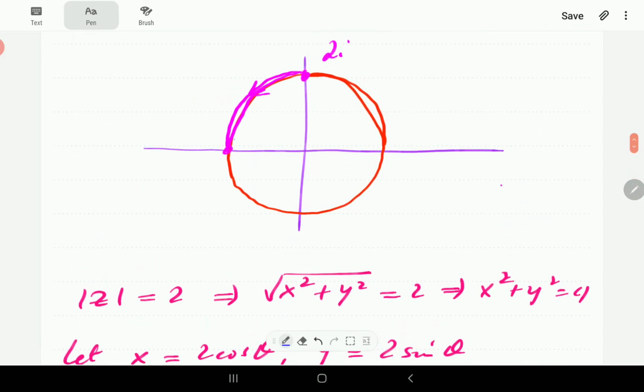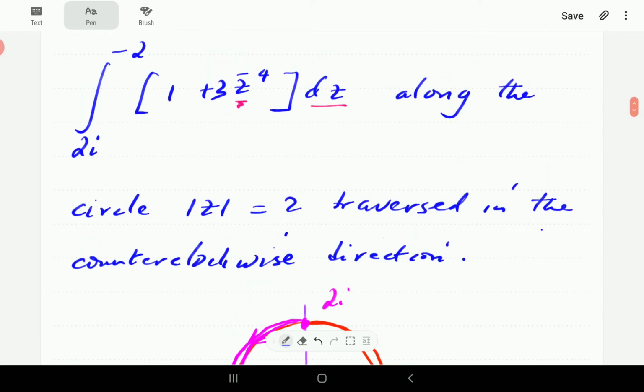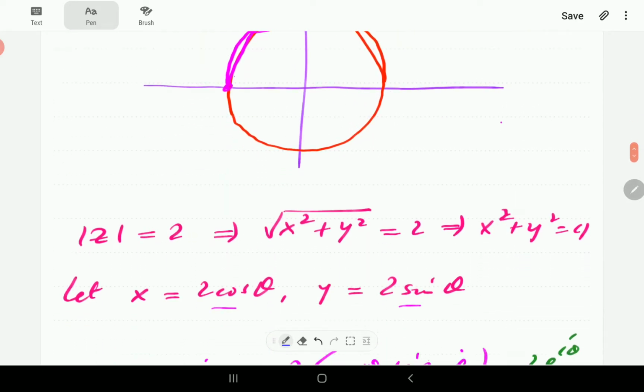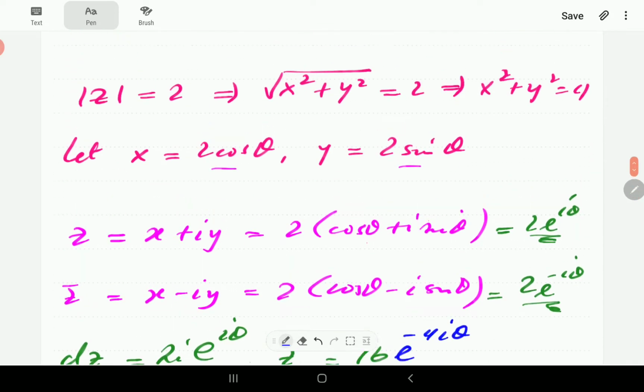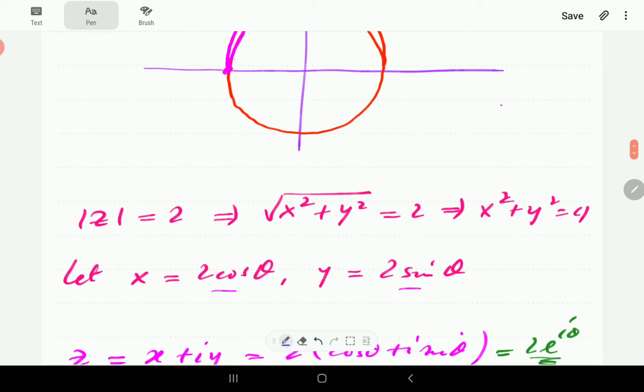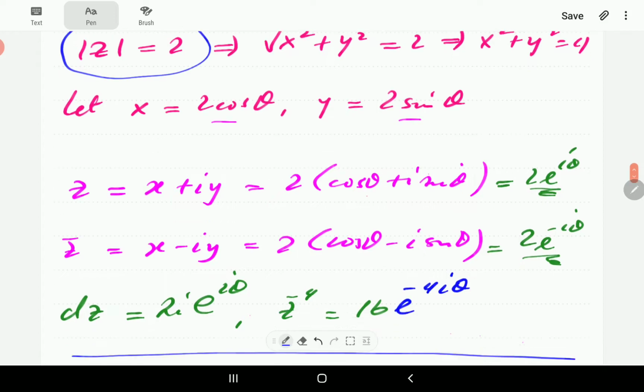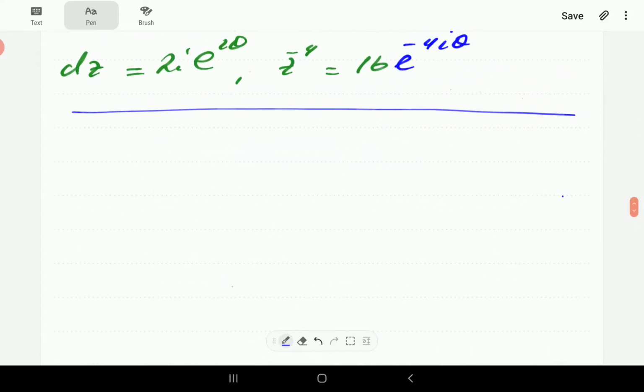Then our integral, if we call it I, is going to be... By the way, before we go to that, let's generalize transforming from an equation in terms of mod z to its parametric form.